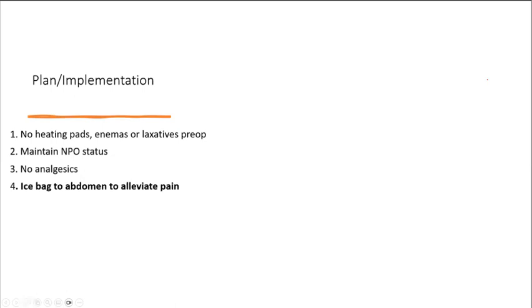We also want to maintain nil per oral status, at least until the blood lab results have been received. We want to give IV fluids to prevent dehydration in our client. And again, we don't want to give analgesics yet until the cause of the pain has been determined. We can apply ice bags to the abdomen to help to alleviate pain.